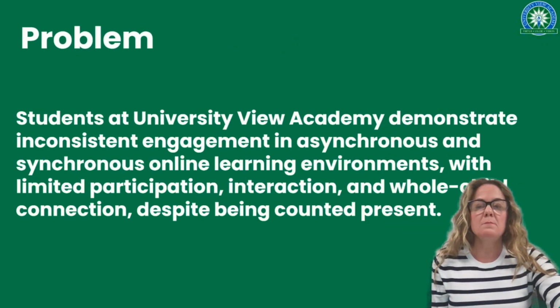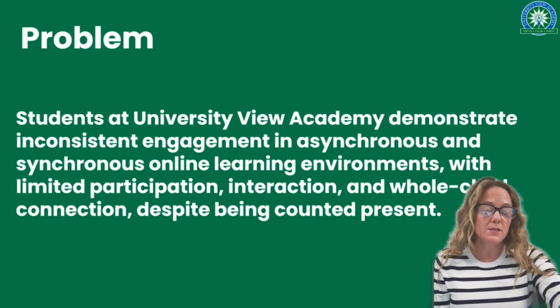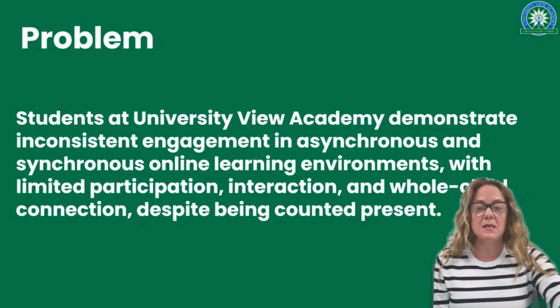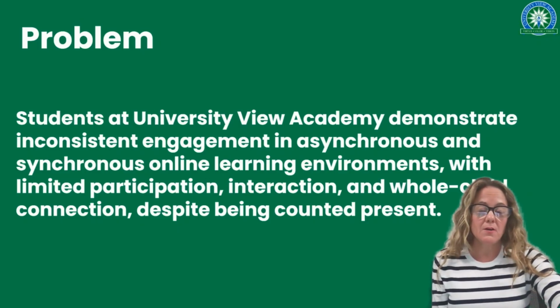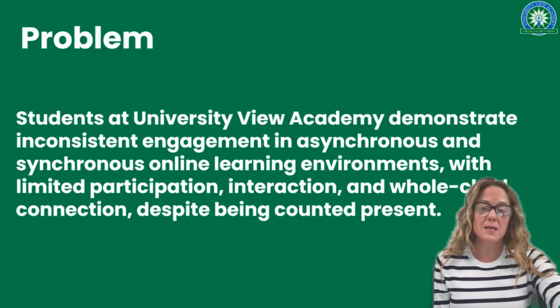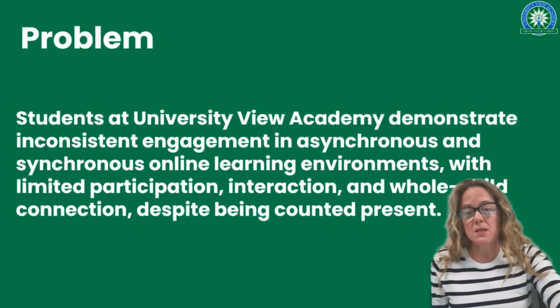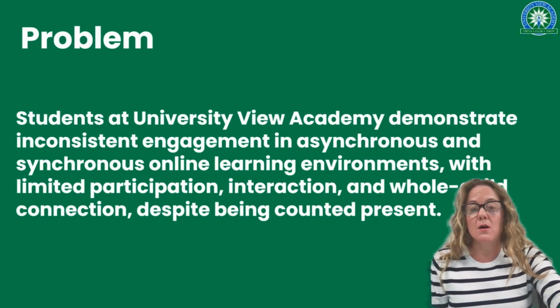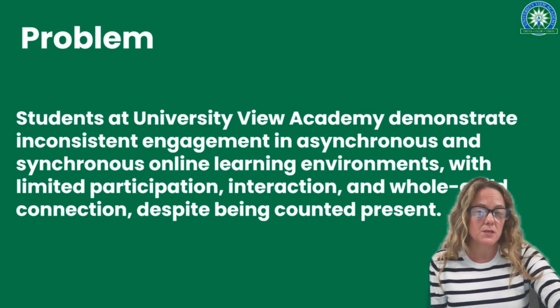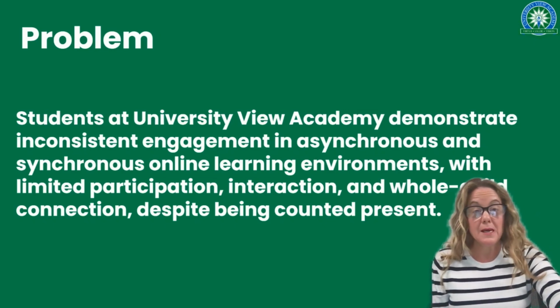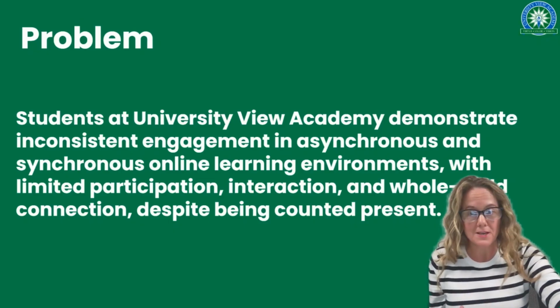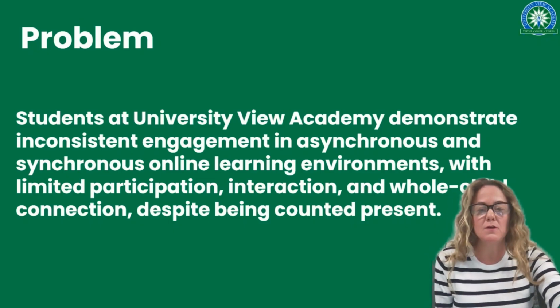The problem is the students at University View Academy demonstrate inconsistent engagement in asynchronous as well as synchronous lessons. There is limited participation, interaction, and whole child connection, despite being counted present or in attendance at University View Academy.